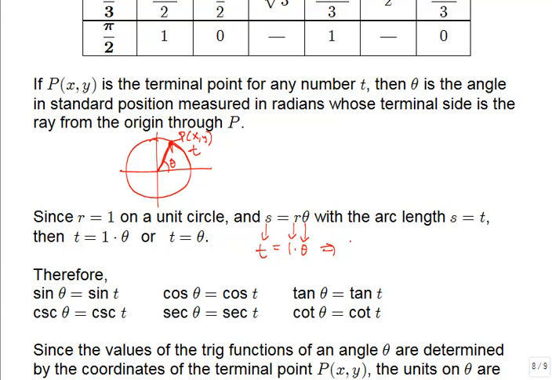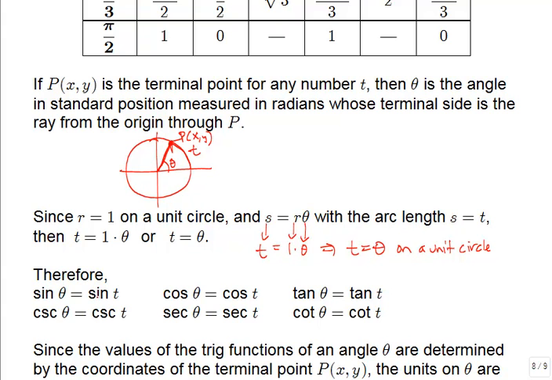What that shows us is that when we're on a unit circle, this t is exactly the same value as theta. So this is true on a unit circle. And that's why I occasionally mess up when I'm talking and I call this t an angle, because it's equivalent to this standard angle in standard position. So t and theta are synonymous.